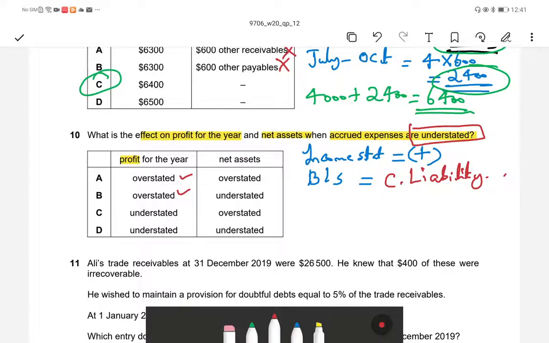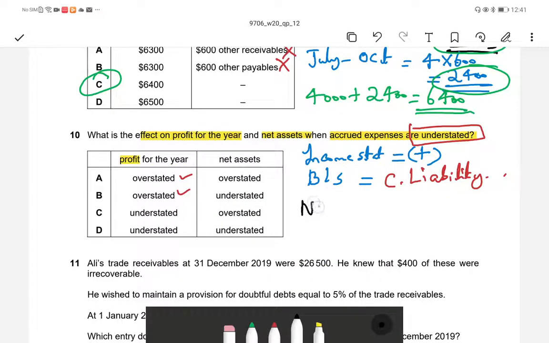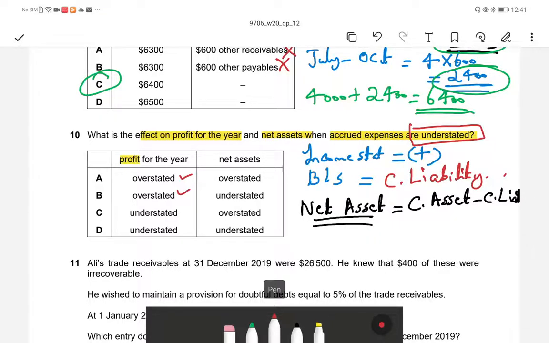What is net asset? Net asset is equal to current asset minus current liability. So if the liability is understated, the net asset will be overstated. So the correct answer is option A.